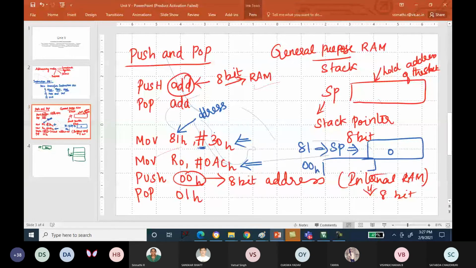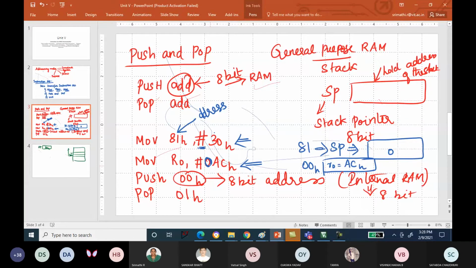Why do we write a 0 in front of the A? Because the compiler can't understand the alphabet; you need to tell it that it is data. So after the hash symbol, you write 0ACH. So after this 00H will have AC.